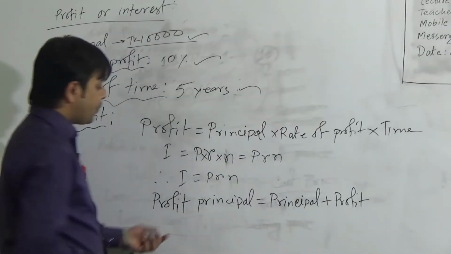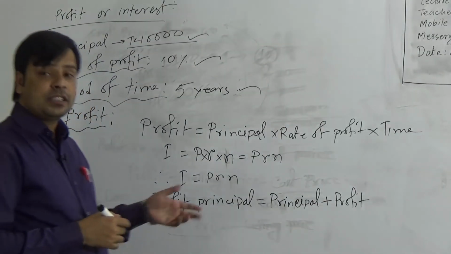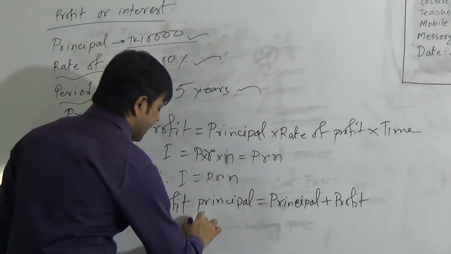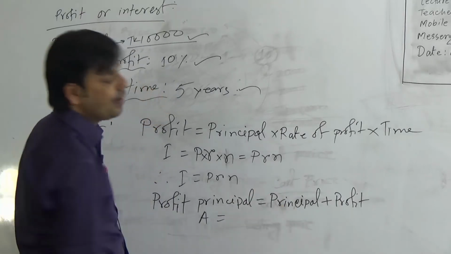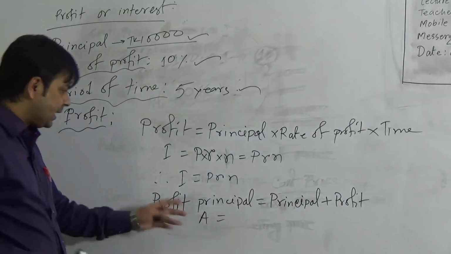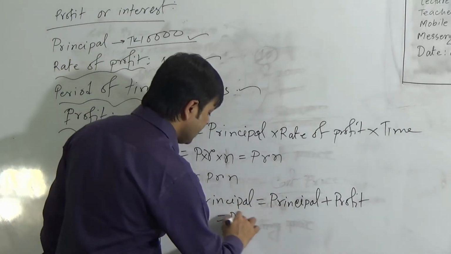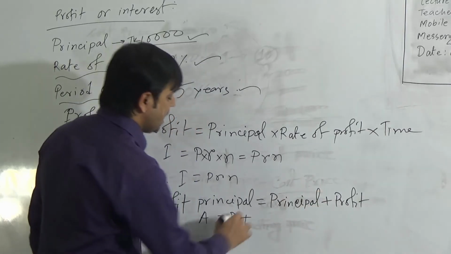Students, profit principal in case of simple profit can be denoted by A. In your book, this is denoted by A. And principal is P. Profit is I.